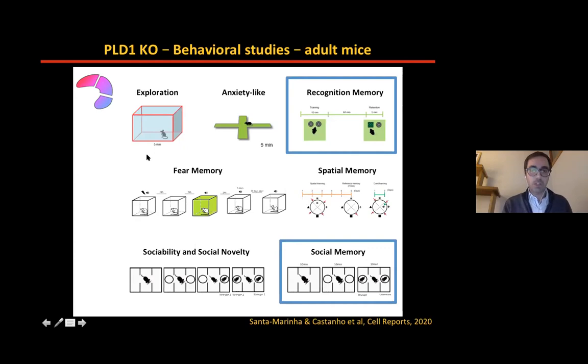Just to summarize, upon PLD1 ablation we didn't see changes in exploration behavior using the open field paradigm, no changes in anxiety-like behavior in the elevated plus maze, no changes in fear memory, no changes in spatial memory using the Morris water maze, and no changes in these more general sociability studies that we've done in PLD1 knockout animals.